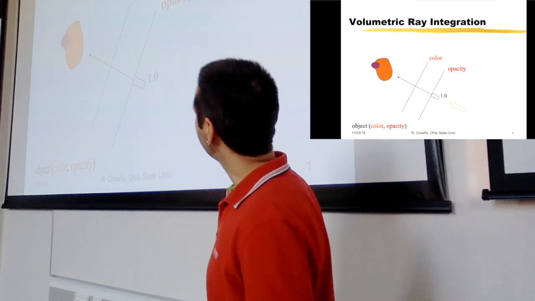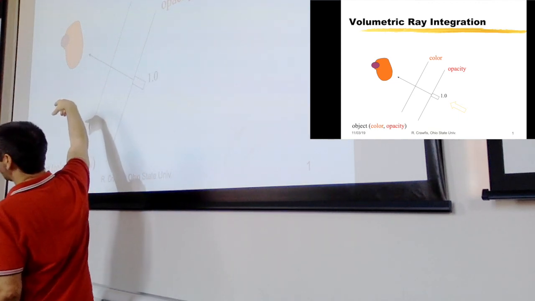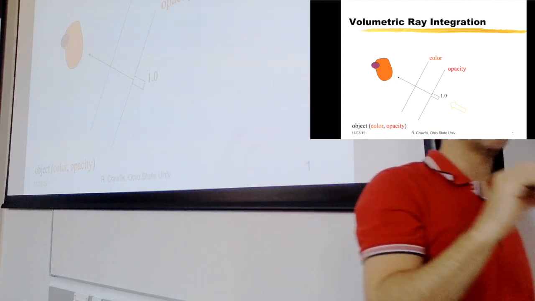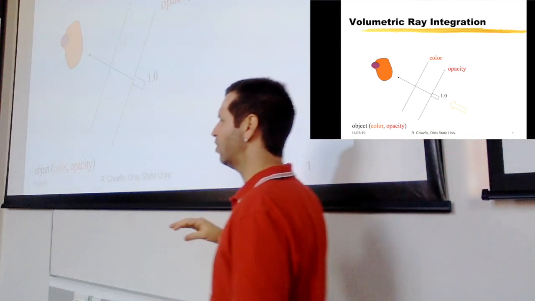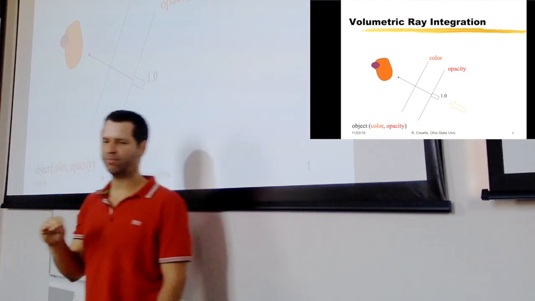So that's the ray, and it's traversing air. In air there are no transitions, it has no gradients. So therefore its transparency is maximum, or its opacity is minimum.